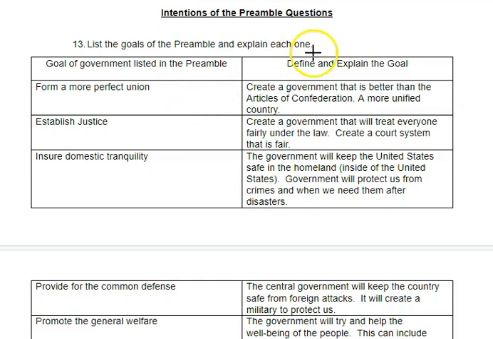So we have 6 goals of government, as the Preamble states. In this section, we are going to not only list them, but we're going to explain each one. So I'll go one by one, and they're pretty much in order. So we, the people of the United States, in order to form a more perfect union. So what this means is we're going to create a union, or a government that is better than we were previously.